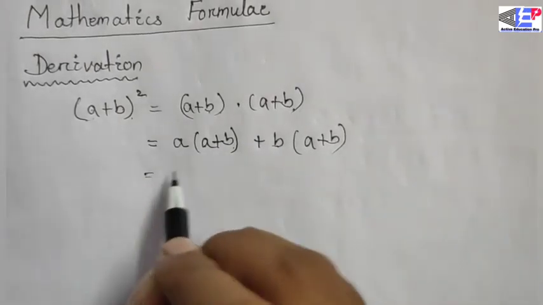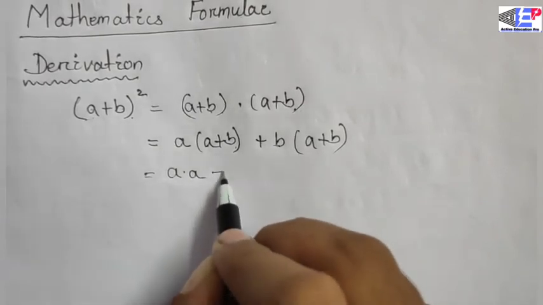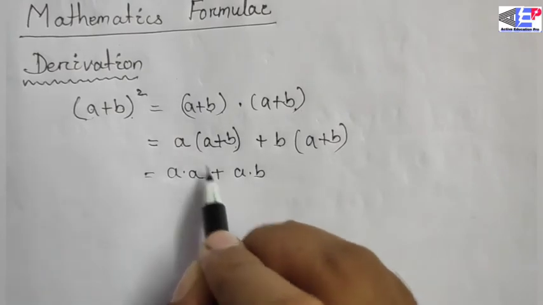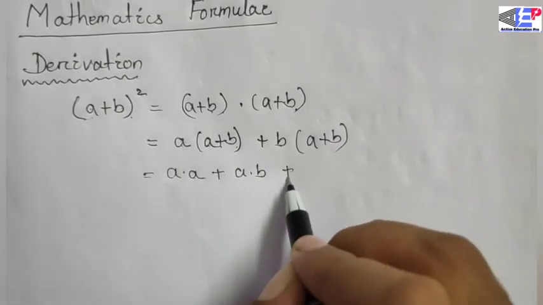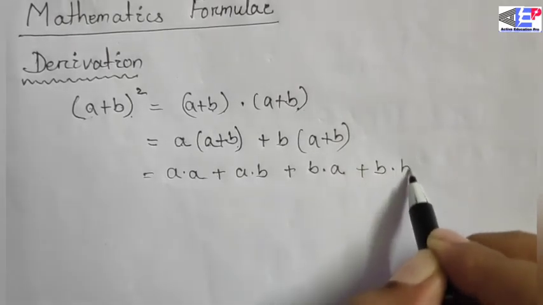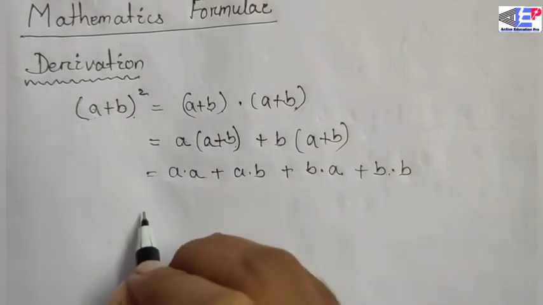And then open this bracket again: a into a plus a into b, plus b into a plus b into b.